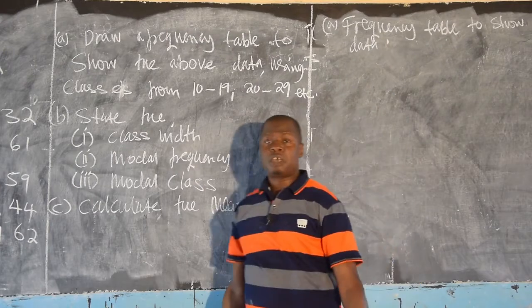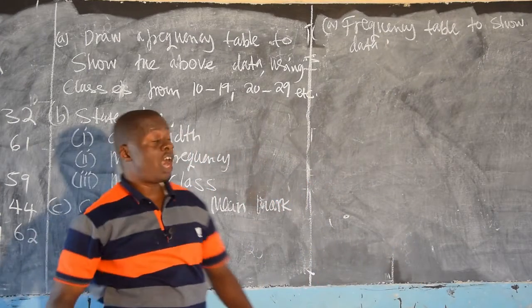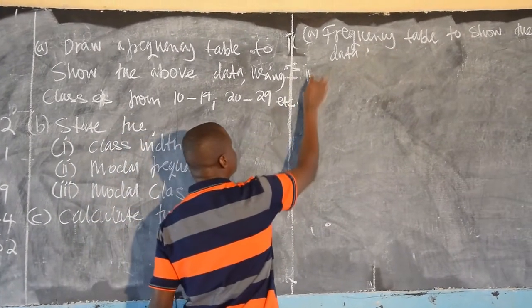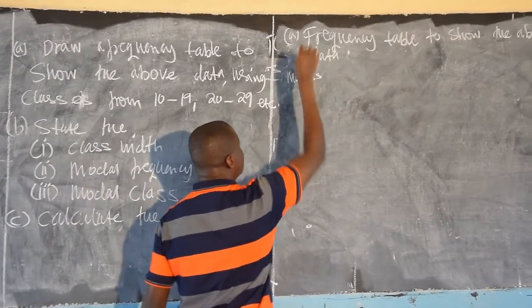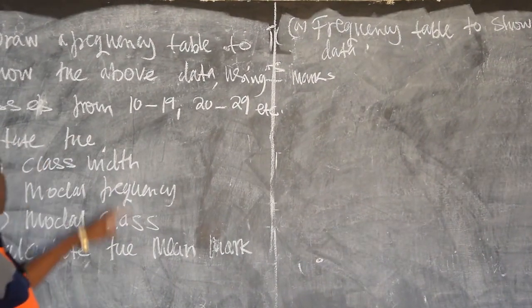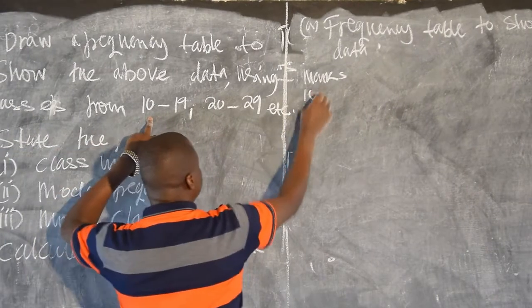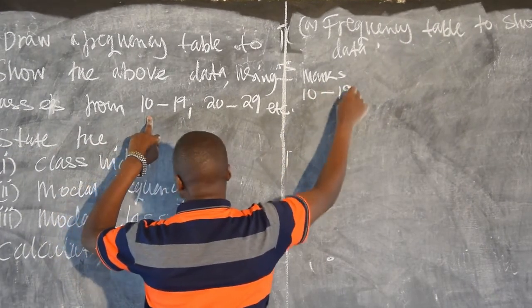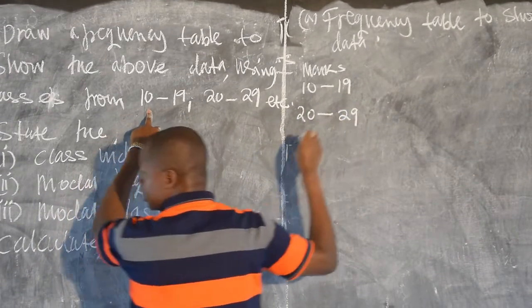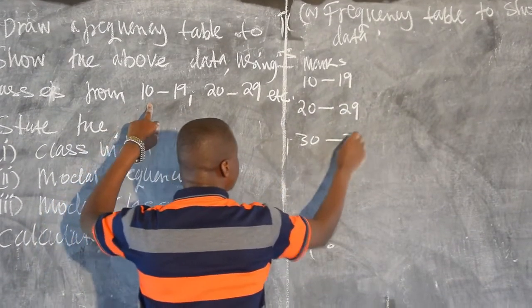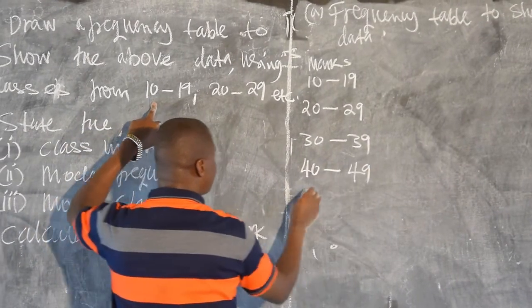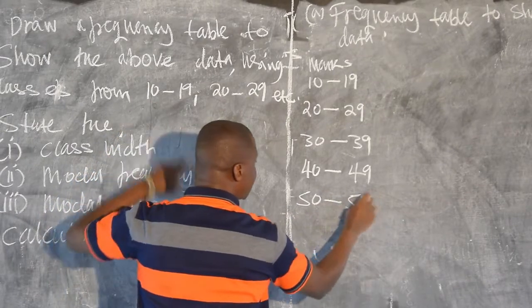In our frequency table, we need to have the class limits: 10 to 19, 20 to 29, 30 to 39, 40 to 49, 50 to 59.